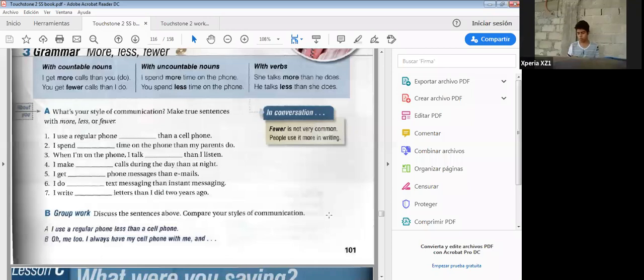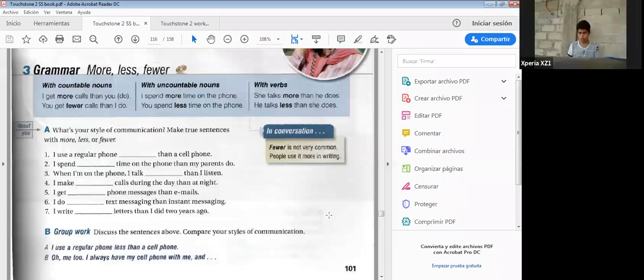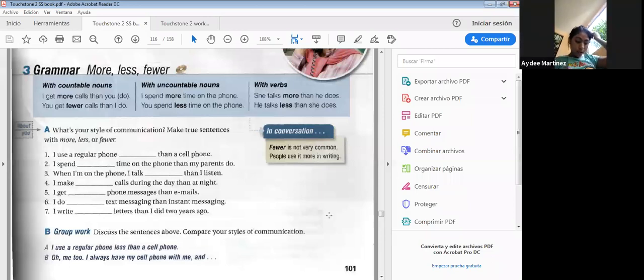Remember, we're going to use fewer with countable nouns. More than a cell phone. Yes, it could be more or less. Number 2, Aide. I spend more time on the phone than my parents do.